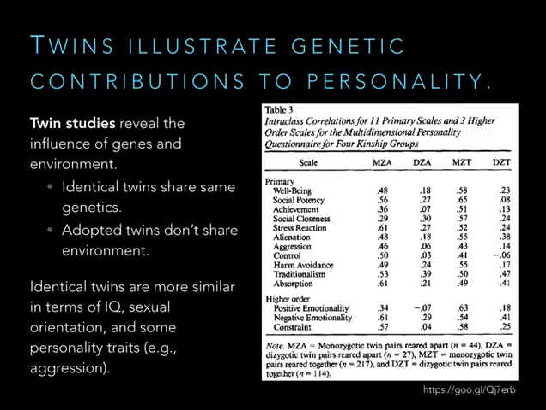MZT, monozygotic, so they're genetically identical. T means they are raised together. So same environment, same genetics, right? So by comparing monozygotic and dizygotic twins and twins that are raised apart and together, we can estimate the degree to which the environment and our genetics is controlling our behavior.